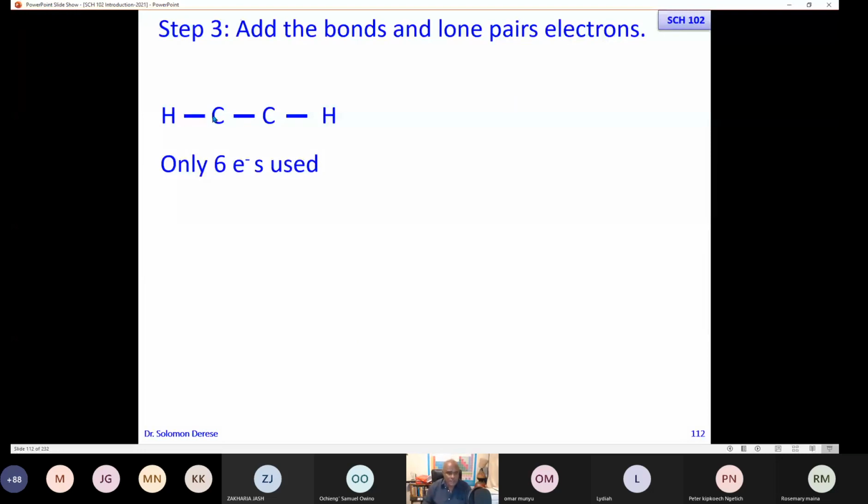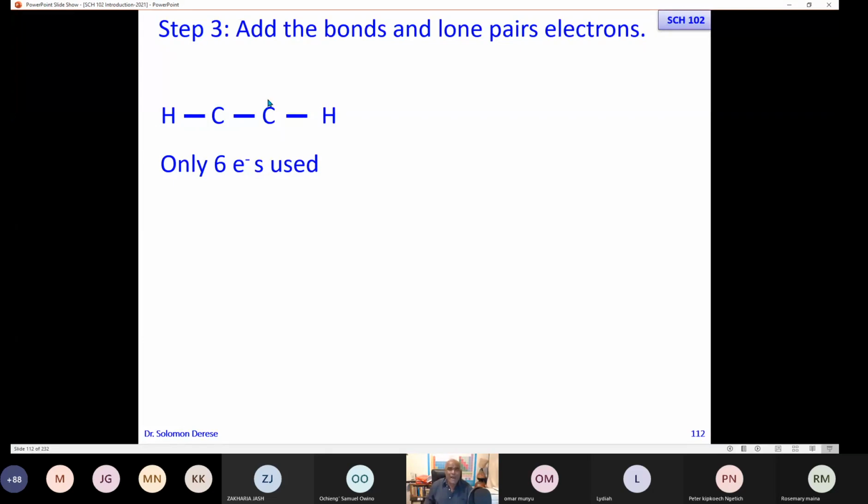Now, if you look at the carbons, both of them have only 2 bonds. As a result of these 2 bonds, they only have 4 electrons. Their octet is not fulfilled. Now, we'll use these additional 4 electrons to fulfill the octet of this carbon. The easiest way to do it is to put all 4 electrons on one of the carbons.